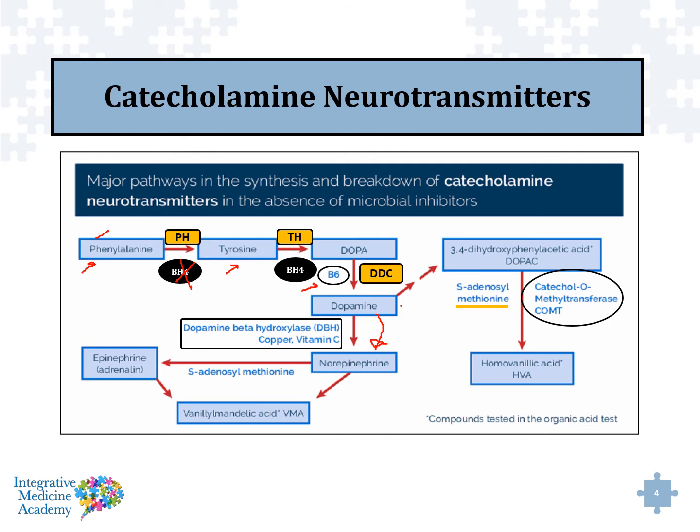Now, the nutrient that helps that is S-adenosylmethionine, called SAMe. It's part of the methylation system. And so a deficiency of SAMe could cause a deficiency of epinephrine production.